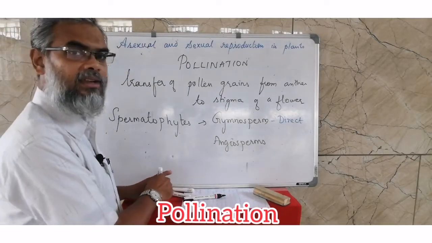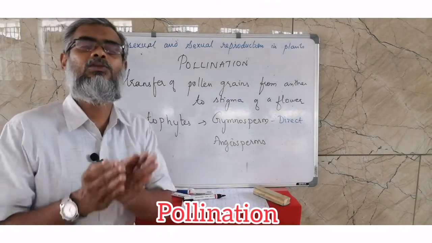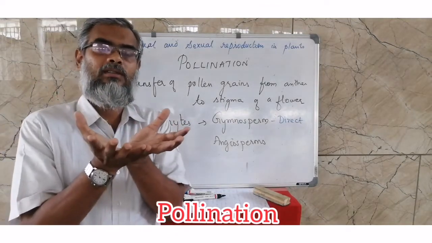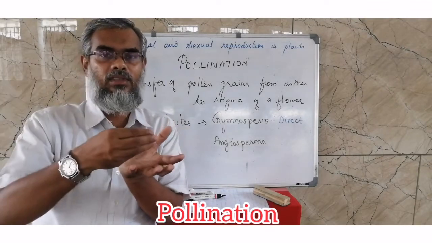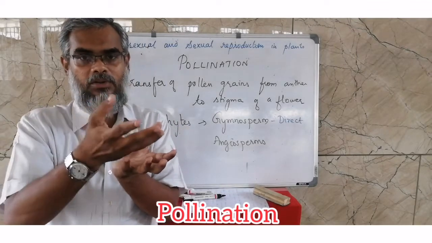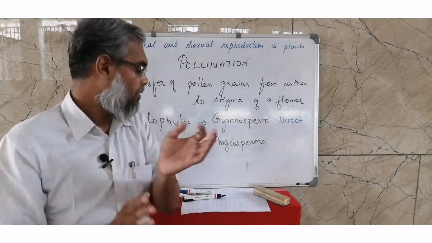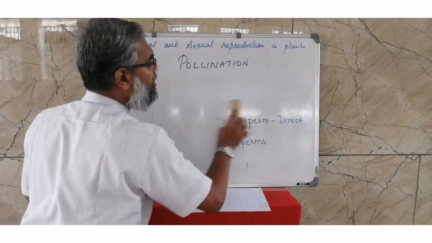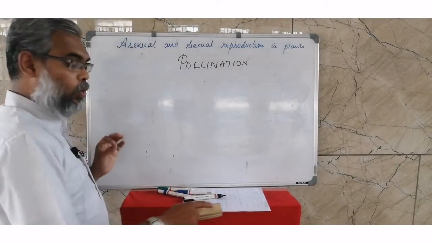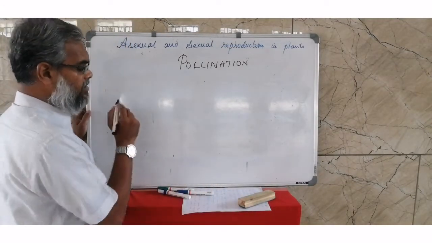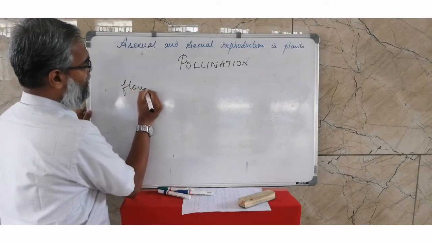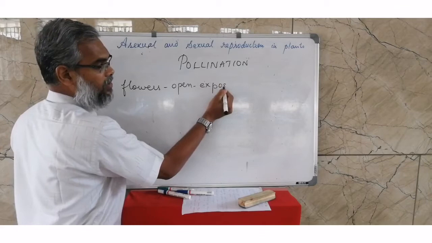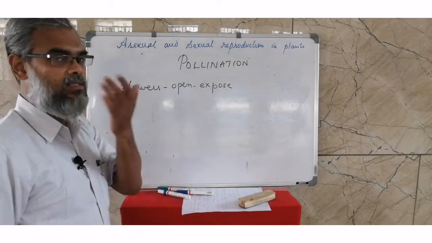Now again, this pollination occurs only when the flowers open. When the flowers are open, the pollen grains produced by the anther fall on the stigma. So now we have two terminologies to be known in this pollination. One is where the flowers open and expose mature anther to stigma.